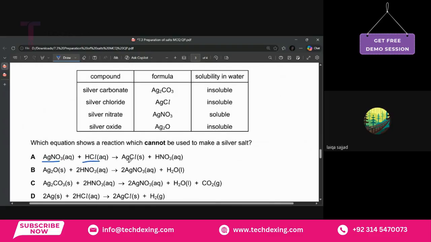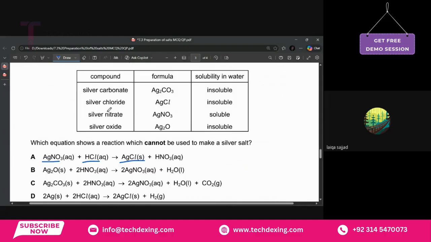When we react them, we get silver chloride. Is it soluble or insoluble? Insoluble. Yes. So when we react silver nitrate with HCl, we get a silver salt which is insoluble, and the name is silver chloride. So it can be used to produce a silver salt.